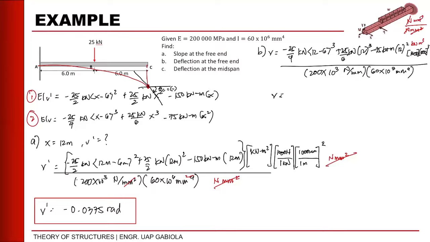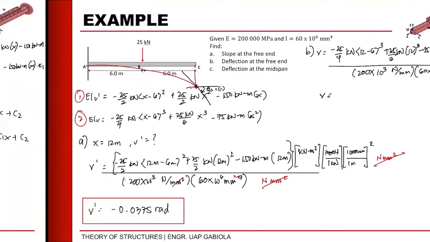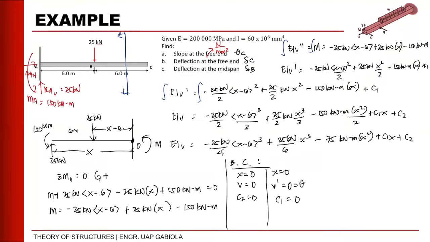Tapos, tsaka natin divide by 200 times 10 to the 3 times 60 times 10 to the 6. Yan. Our answer for this one is 25 over 6. Let me check nga ulit to. 25 over 4. Ayan. So, this is 3, no? So, may mistake ako dito. This should be 3. So, dapat ito ay 6.